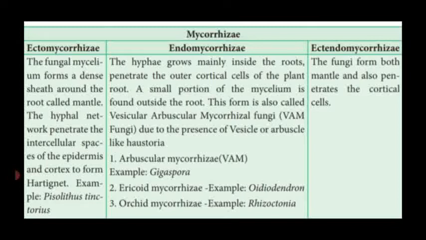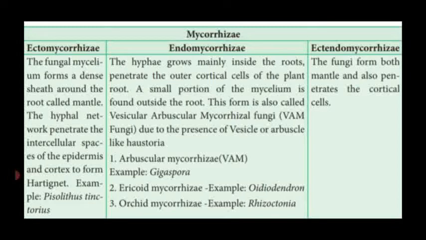A small portion of the branched mycelium is found on the outer side of the epidermis. This form is called vesicular arbuscular mycorrhizal fungi, or VAM. Important 2-mark question: what is VAM fungi? The hyphae of the endomycorrhizae mainly grow inside the root region.